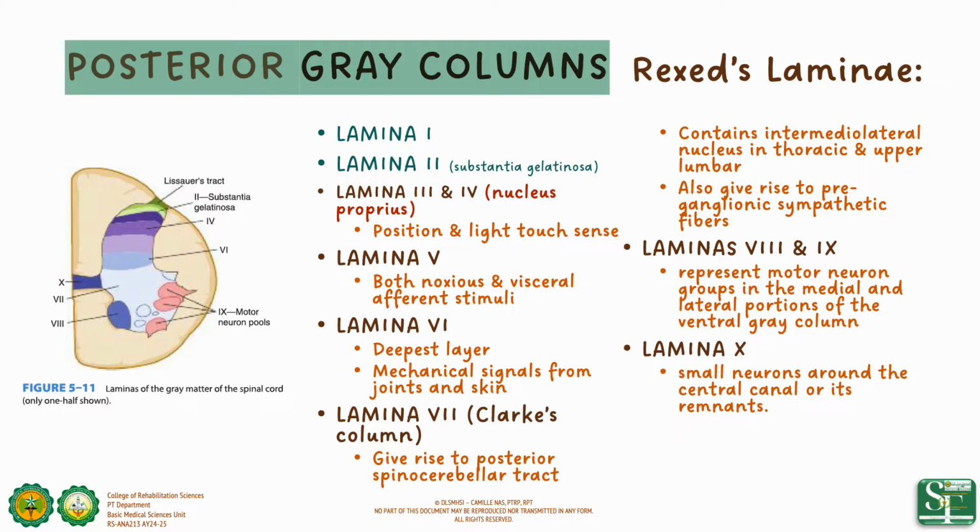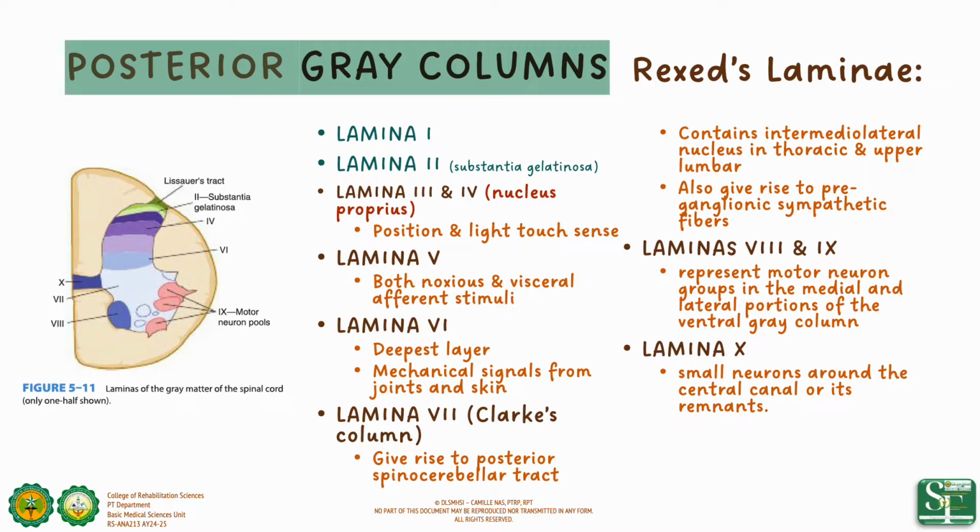Next is laminas 8 and 9. So this is the start of the motor neurons in the Rexed's laminae. This represents the motor neuron groups in the medial and lateral portions of the ventral gray column. And if we go back, when we mentioned already the somatotopic organization of your spinal cord, the body parts controlled by the medial zone of the spinal cord would be the cervical or the neck and the trunk.